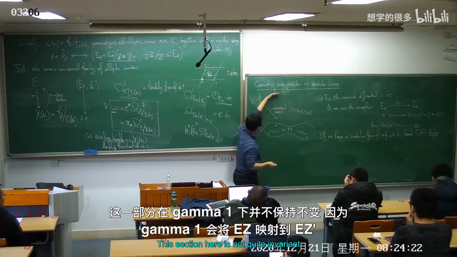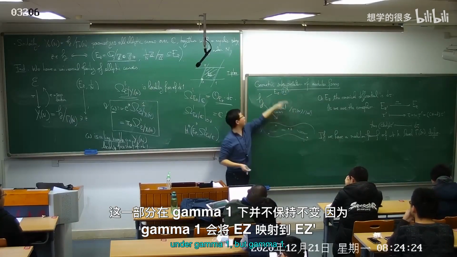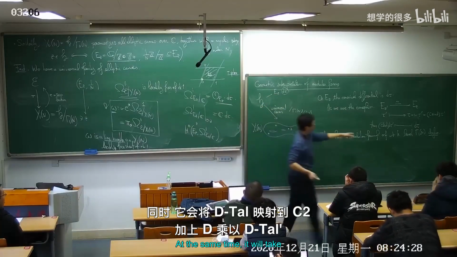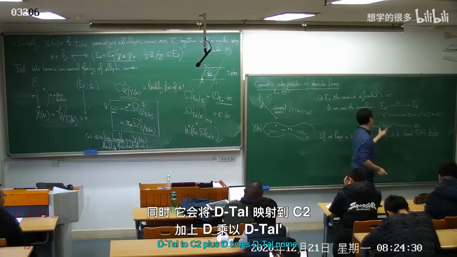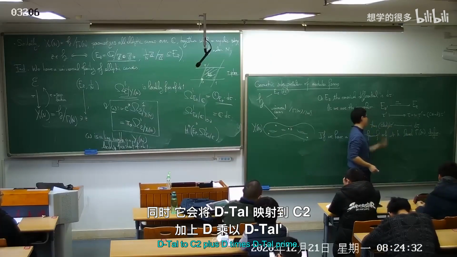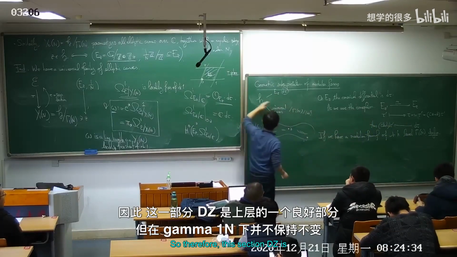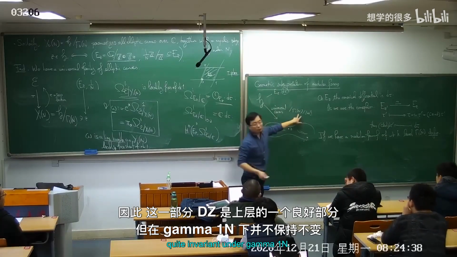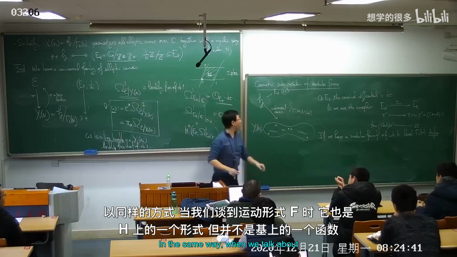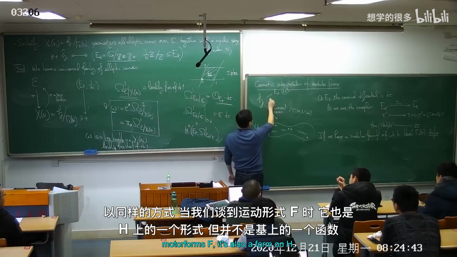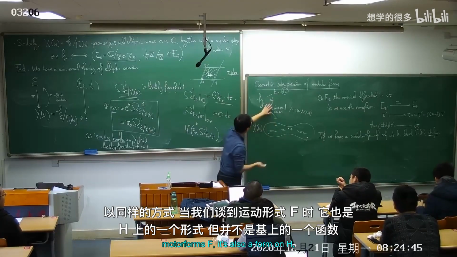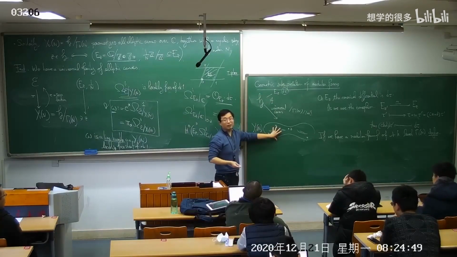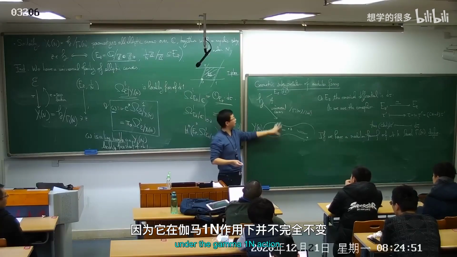This section here is not quite invariant under gamma 1 of N, because gamma 1 of N will take EZ to EZ prime. At the same time, it will take d tau to CZ plus D times d tau prime. So therefore, this section d tau is a nice section upstairs. It's not quite invariant under gamma 1 of N. In the same way, when we talk about modular forms f, it's also a form on H, but not a function on the base, because it's not quite invariant under the gamma 1 of N action.